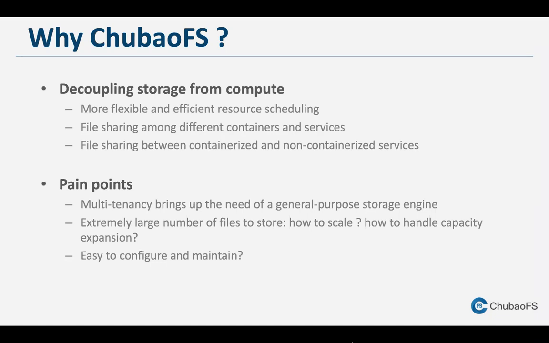And this number is increasing by 100 million every day. So we have a very fast increase in these files. Together with this problem, because of this large number of files, we really don't want to have data migration happen every day during the capacity expansion, which is really a pain for us.